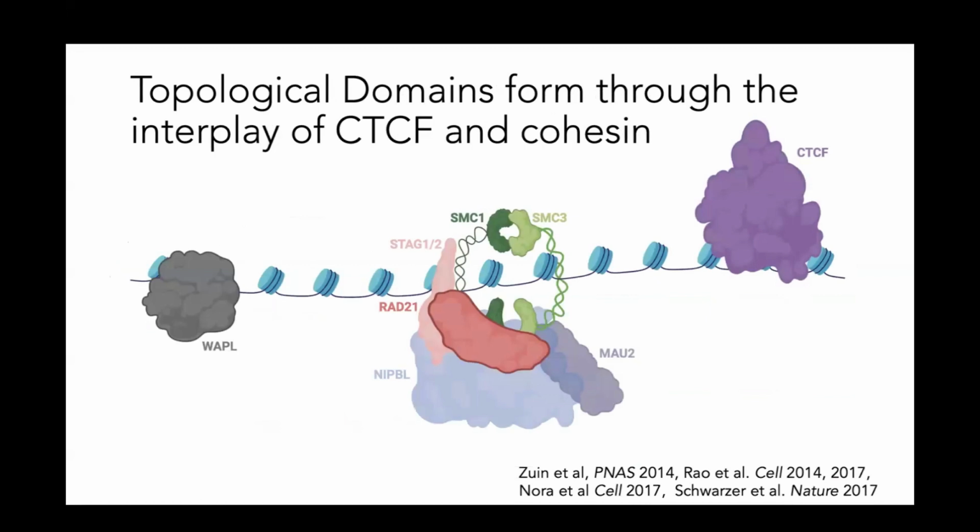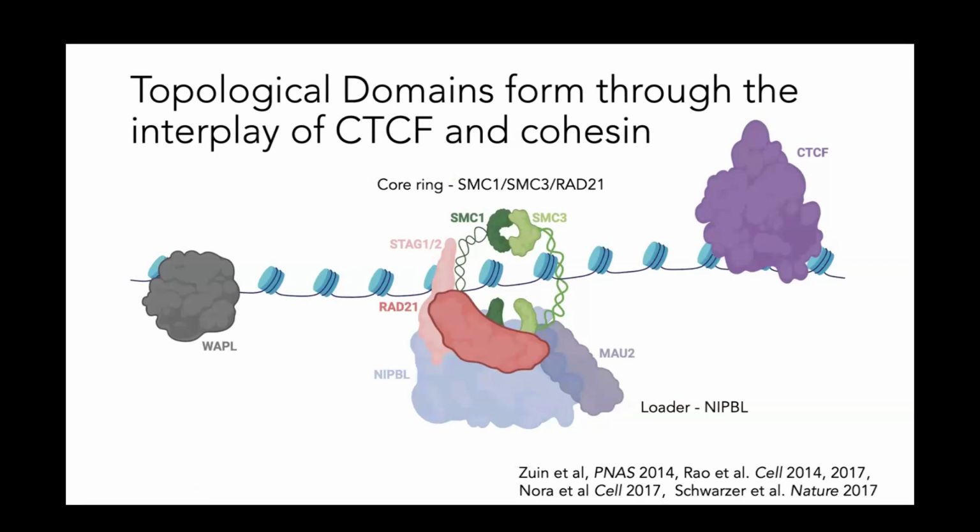Cohesin is a multi-subunit protein complex. It has a core ring that consists of SMC1, SMC3, and RAD21, and also has one of two STAG subunits associated with it. There's a pair of proteins, NIPBL and MAU2, that are considered loader proteins.